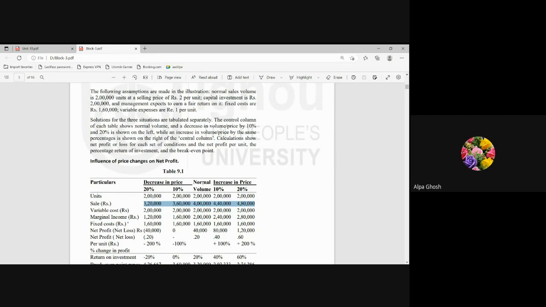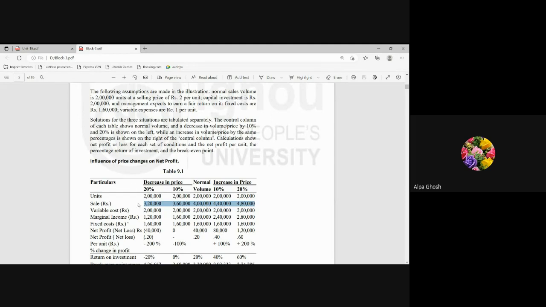Can you see here normal volume? Below this normal volume, it is written 4 lakhs. So normal volume is 4 lakhs. It is the sales per unit multiplied by the total units. Now, the variation that you need to find out will be either a decrease or an increase. If we go with decrease, it means the value will be less than 4 lakhs.